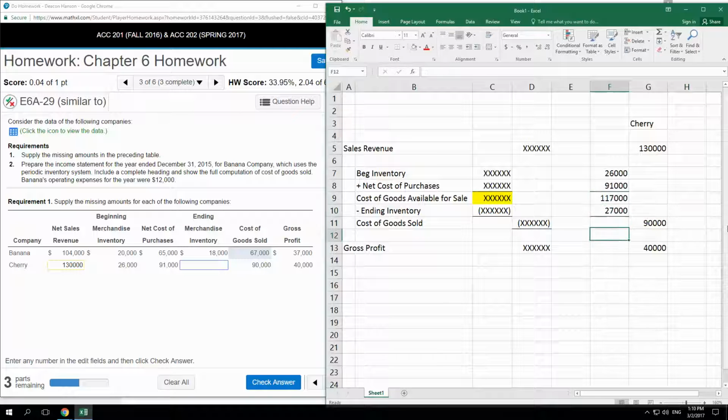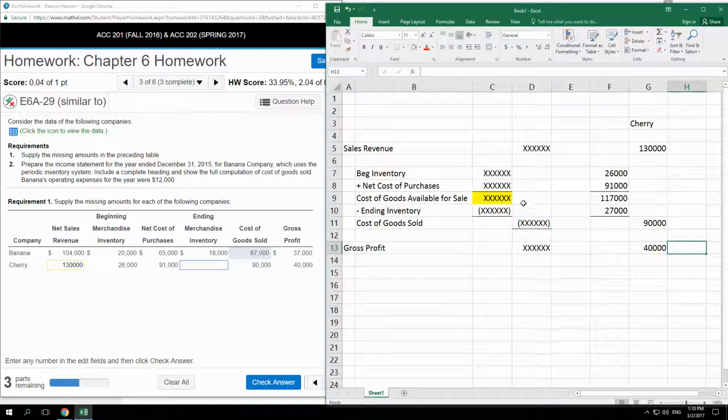All right, and then you could test it. Is 117 minus 27,090? Yes, it works out. And that's the same for this here. The math's simple enough, but you might want to double check it. 130 minus 90 is 40.